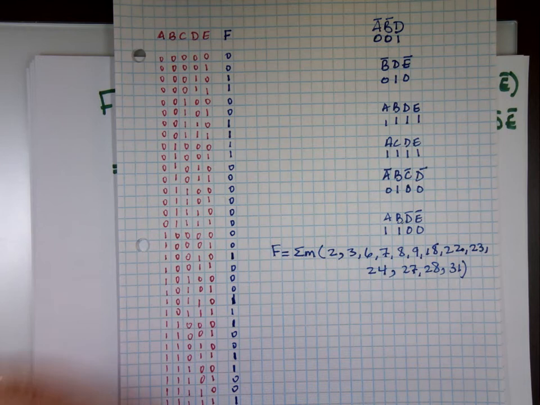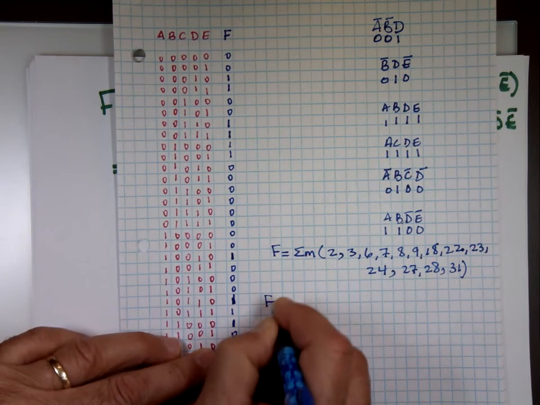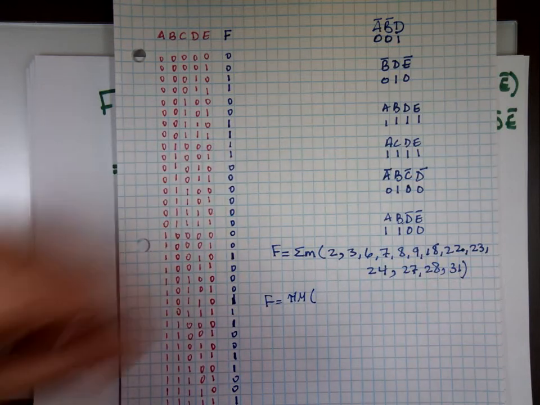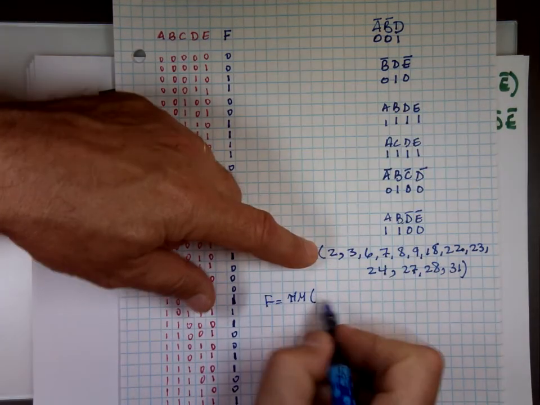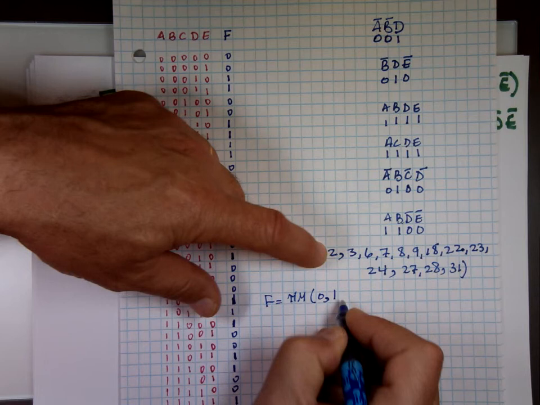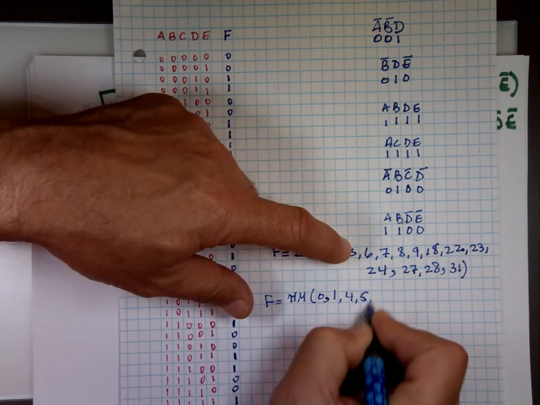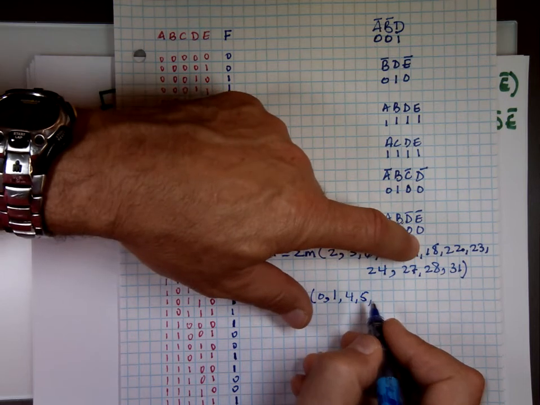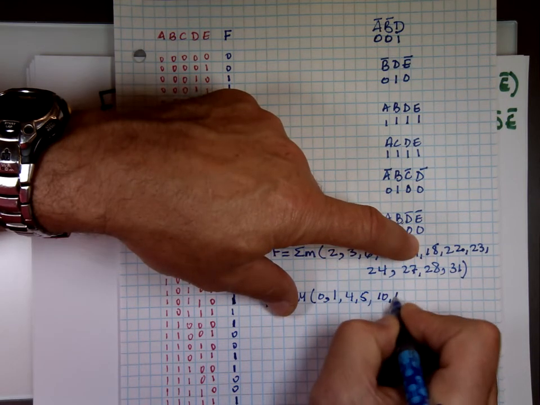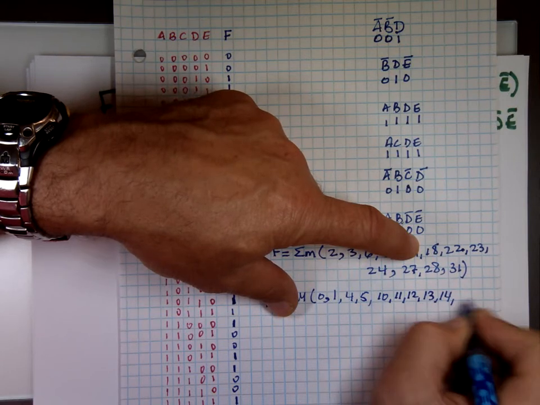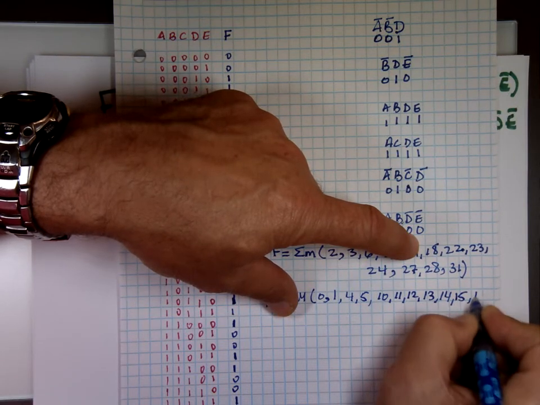What is actually the max terms? Well, anywhere it's not a 1, so I don't even have to look there. So I see 0, 1. I'm using the 2 here, the 3, the 4, the 5, the 6, 7, 8, 9, 10, 11, 12, 13, 14, 15, 16, 17.